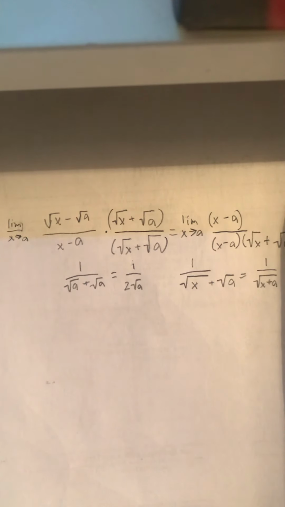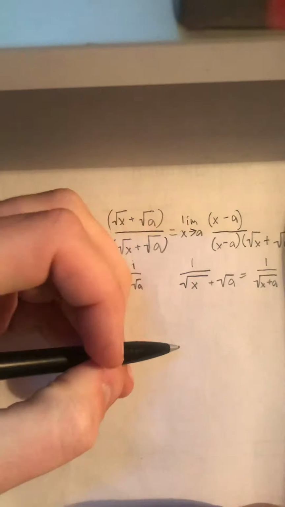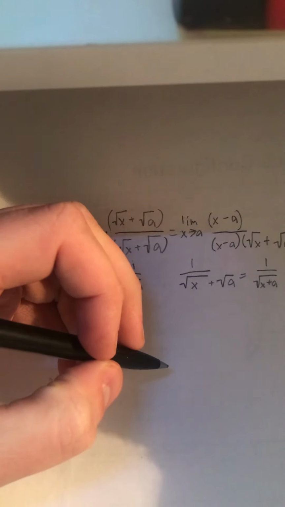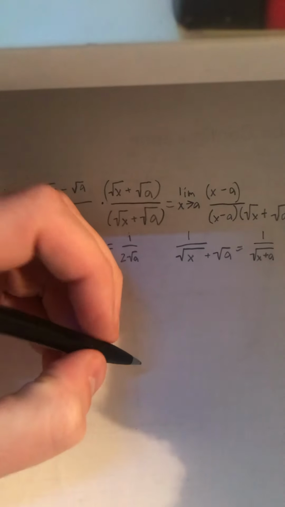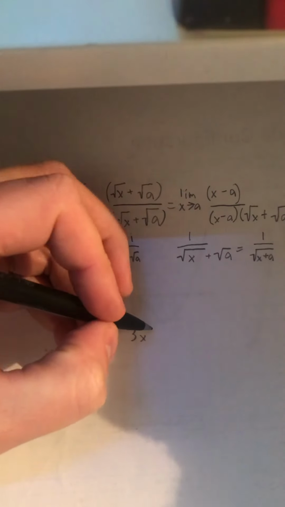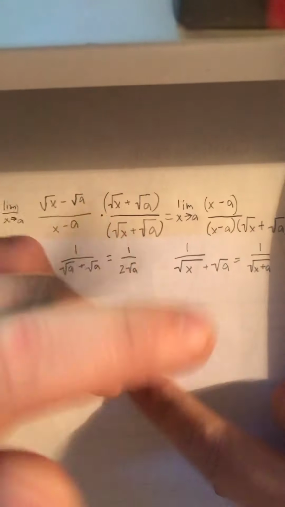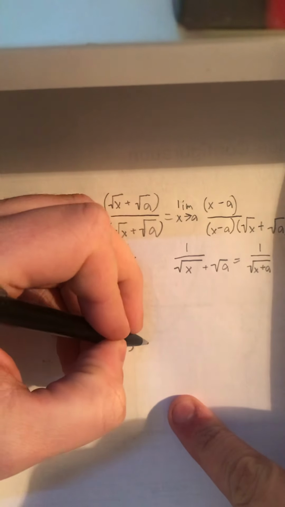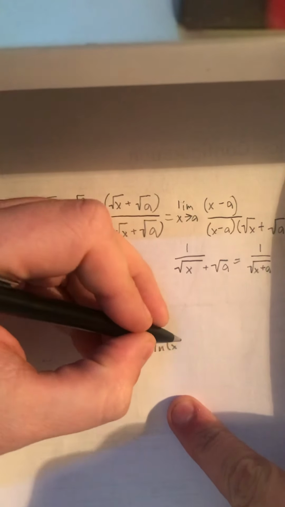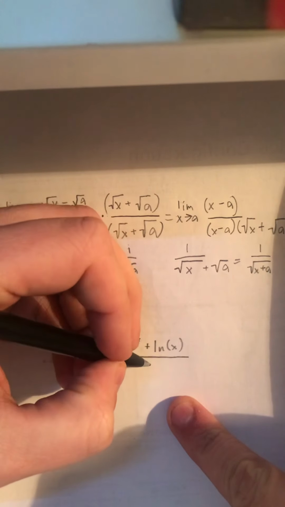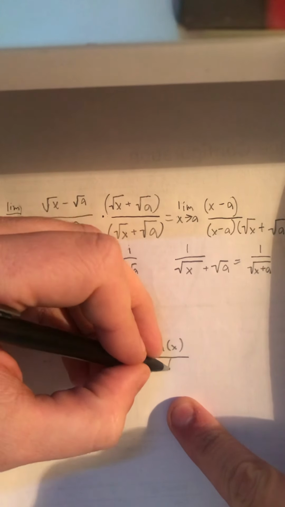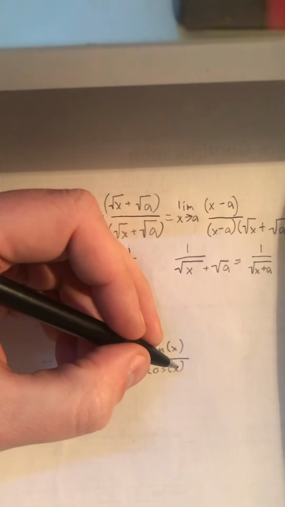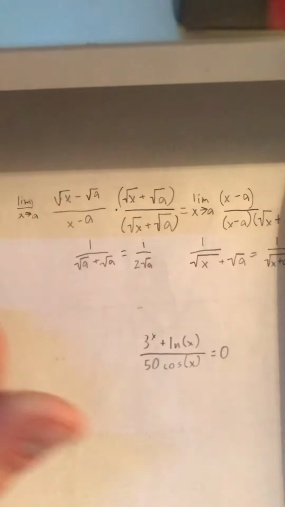Explain why the following equation cannot be guaranteed to have a solution. Okay. And it's got me writing some stuff. 3 to the power of x plus the natural log of x over 50 cosine of x equals 0.